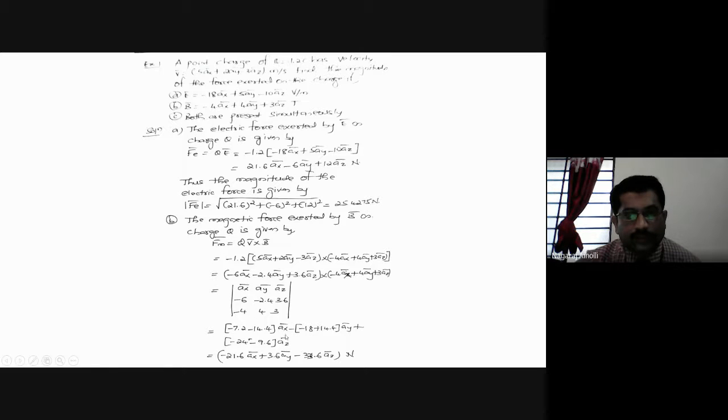Okay, so do that. First you will get it to vector form, then you have to convert it into its magnitude. Solve the determinant here. Note down these steps.